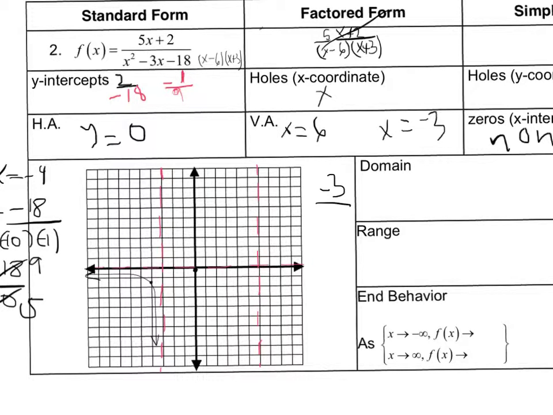So -1 minus 6 would be? -7. And -1 plus 3 would be? 2. So -7 times 2 would be? -14. So it's like 0 point something, it's plus.